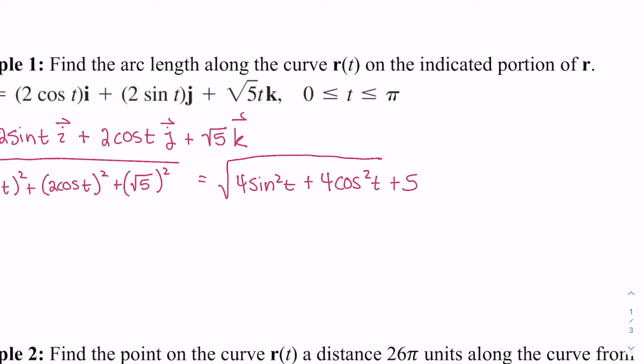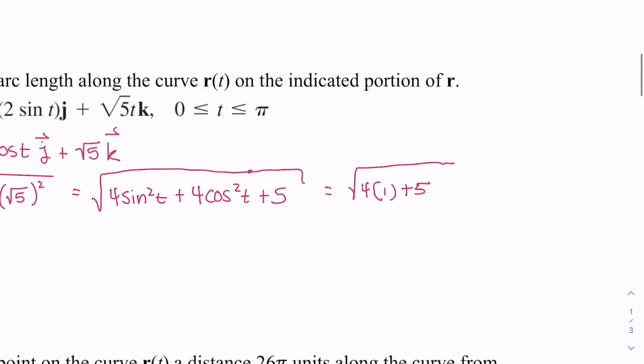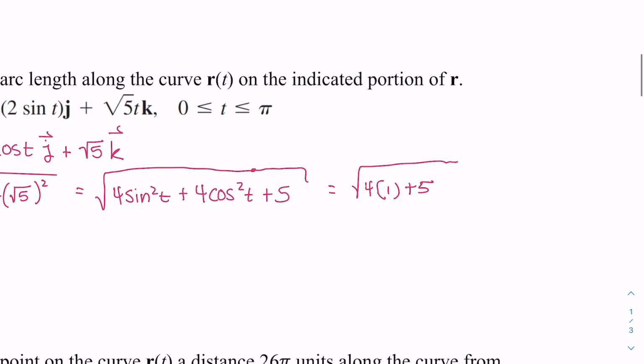From the sine squared and the cosine squared, I'm going to factor out the 4, and that'll give us 4 times 1, because I'm going to group the sine squared and cosine squared together. So that'll just be 4 times 1 plus 5, which is the square root of 9, which is just 3. So the integrand of our integral is just 3.